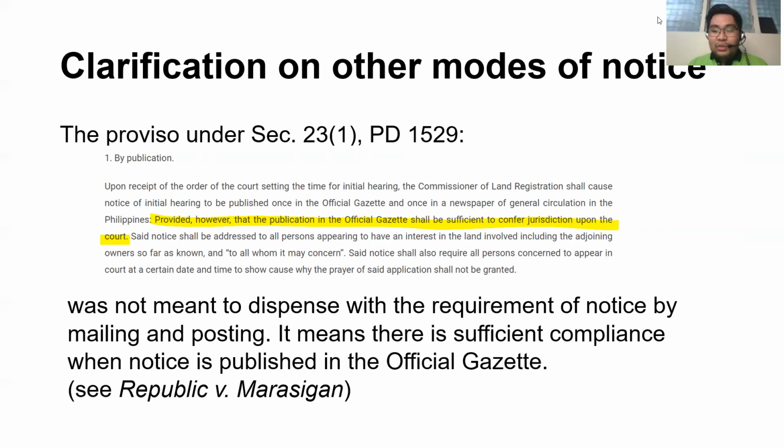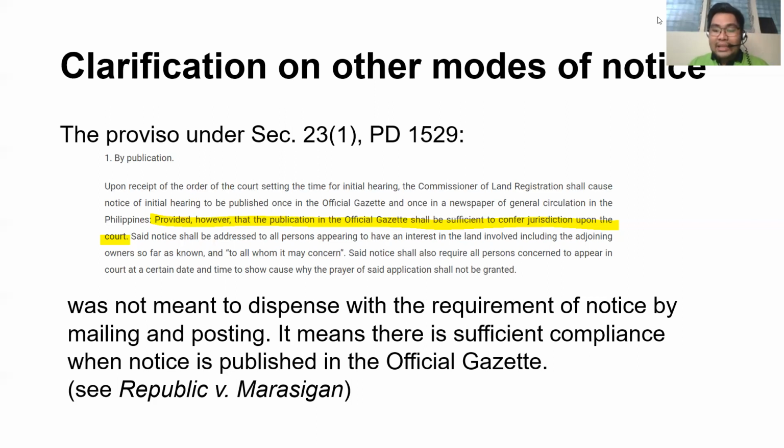The Supreme Court's Justice Davide explained that the proviso, provided however that the publication in the official gazette shall be sufficient to confer jurisdiction upon the court, does not mean that the requirements of notice by mailing and by posting are dispensed with. What is simply directed is that insofar as publication is concerned, there is sufficient compliance if notice is published in the official gazette.